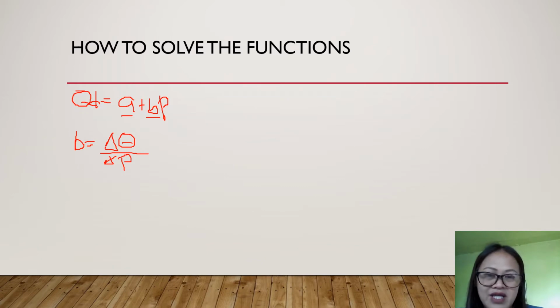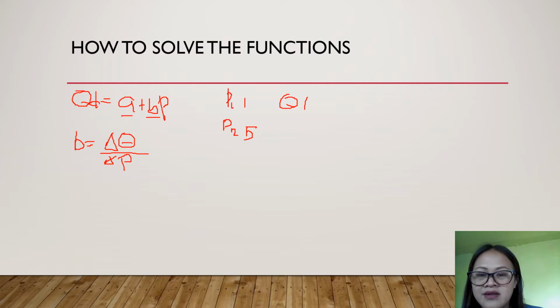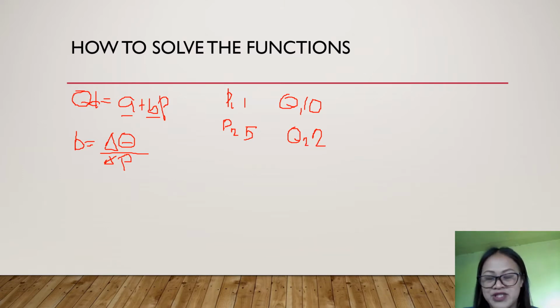So, for example, we have a given of price 1, which is 1, and then price 2, which is 5, with the quantity 1, which is considered to be 10, and then the quantity 2 is considered to be 2. There. Okay?